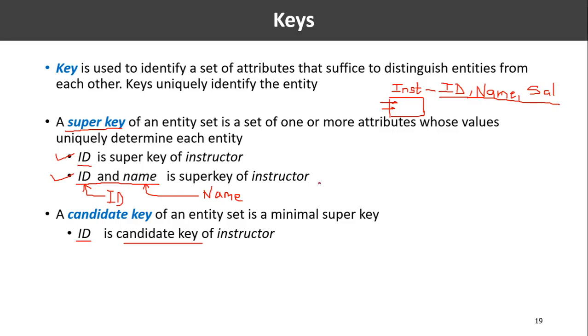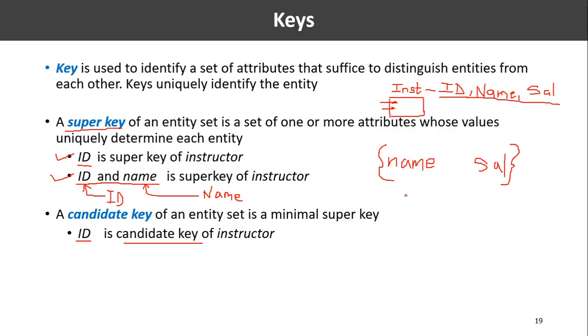Now let me give you one more example. Suppose let us assume that we are having the combination of name and salary. These are the two attributes, and let us assume that these two attributes are forming my super key.